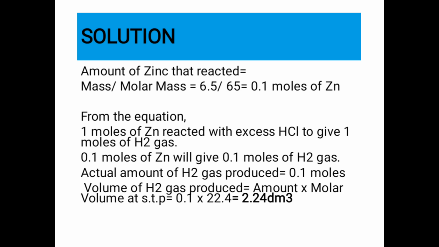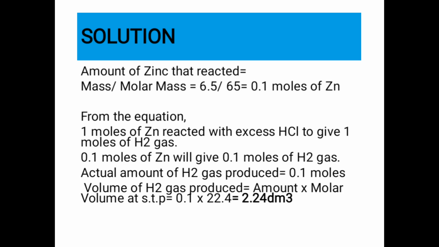The next thing now is to find the volume of H2 that was produced. Here now the formula will change. Recall that the amount of substance is equal to volume of a gas in dm cube over molar volume at STP. And the molar volume at STP is equal to 22.4 dm cube. So if you make volume of the gas the subject of the formula, volume of the gas will be equal to amount times molar volume at STP.